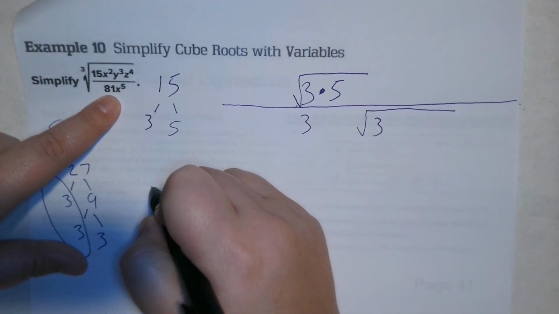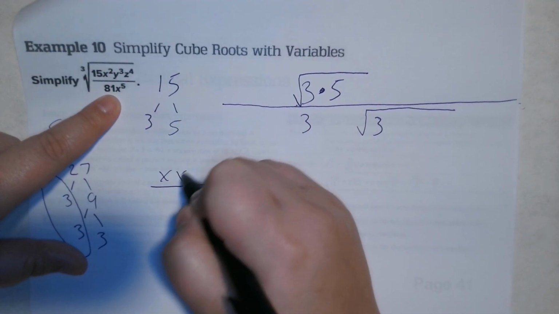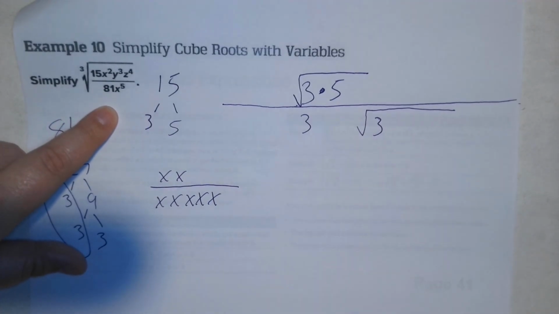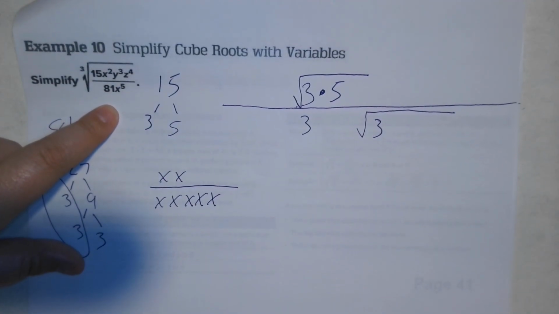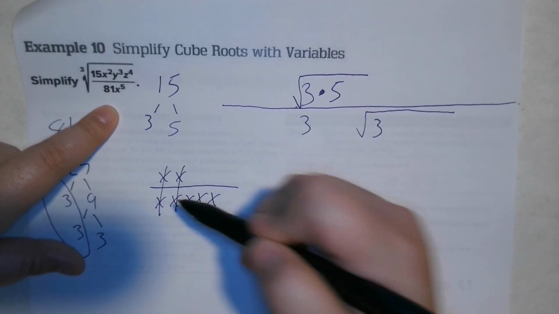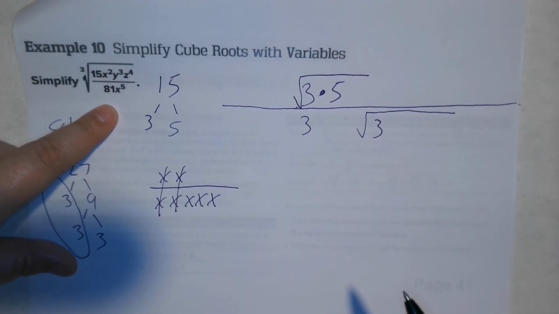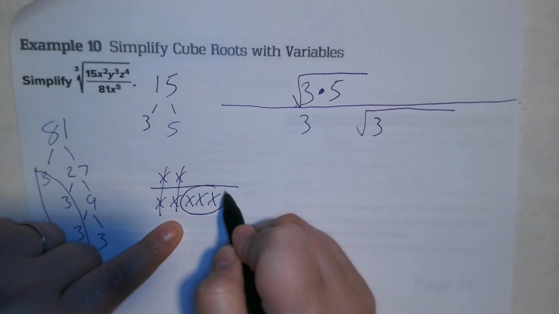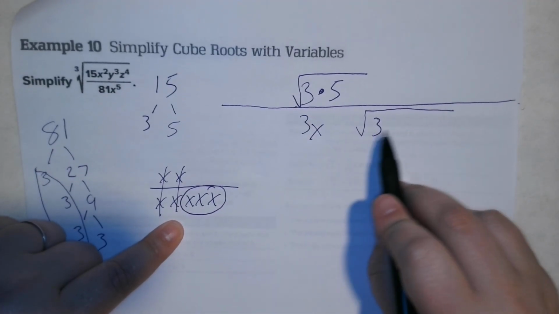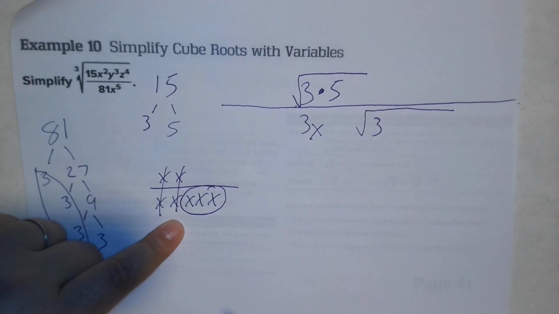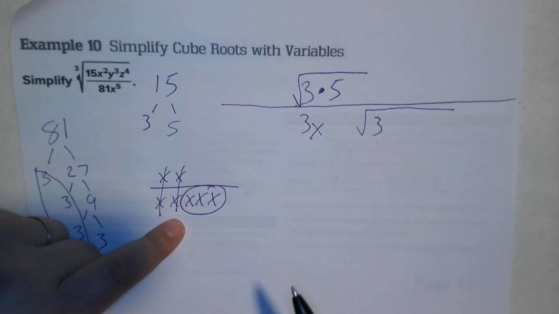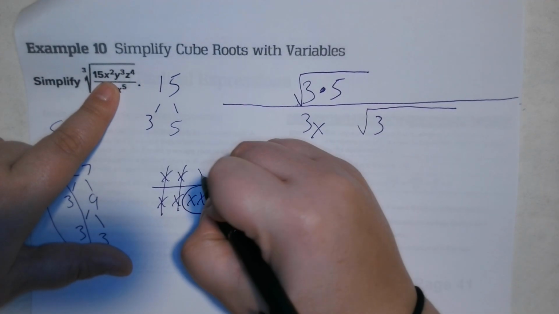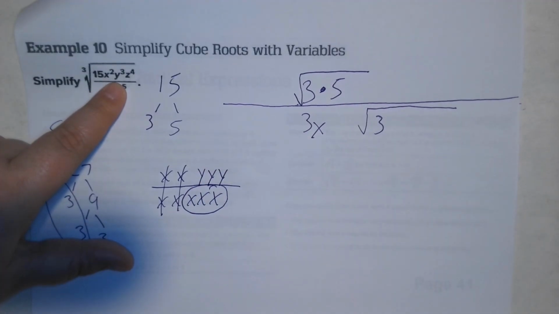So if I'm looking at it, I've got 1, 2, and 1, 2, 3, 4, 5. Okay? I'm actually going to cancel 2 of them out first because I don't need them, right? And then I'm left with 3 on the bottom, so I can circle that and bring an x out of the radical. See how I did that? The y's, there's no y's on the bottom, but I have 1, 2, 3 y's on top.